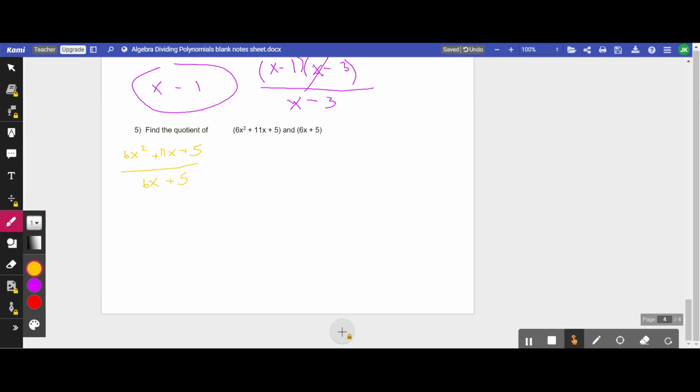And then since you have a trinomial there, so this is where you can do a times c to start. So you can multiply these two. So 6 times 5, you'll get 30. So here you would need factors of 30 that would add to give you 11. And you'll need two positive factors. So you'll have to use 6 and 5 there.